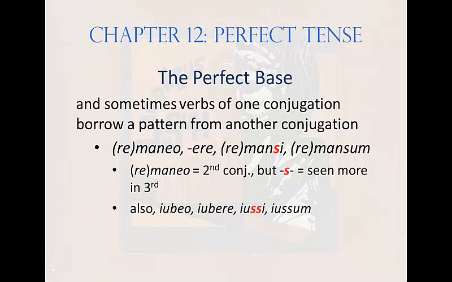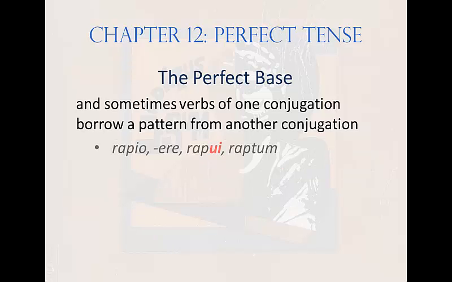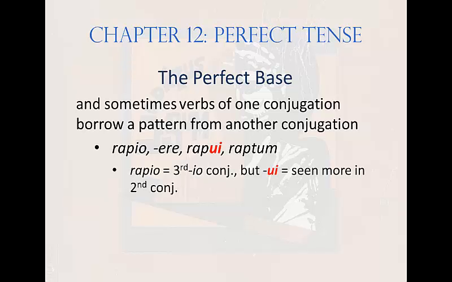Iubeo of second conjugation does the same when it produces its third principal part, iussi, the double S being a combination of B plus S. Another example of this sort of interconjugational borrowing is rapio, rapere, rapui, raptum. Rapio is third IO conjugation, but uses the UI more typical of second. Possum, posse, potui also should probably be included in this category, though because it's based on the verb sum, it's highly irregular.